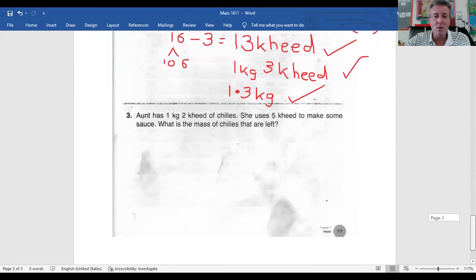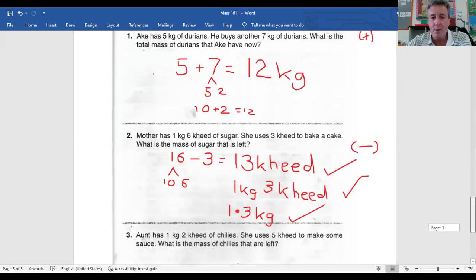Okay, I'll let you do the last one, but I'll help you get started so that we know what we're going to do. Aunt has 1 kilogram, 2 keyed of, what's this word? Who knows? They're very hot to eat. Oh, chilies. She uses, so look here, we had uses, so we're going to do another minus.